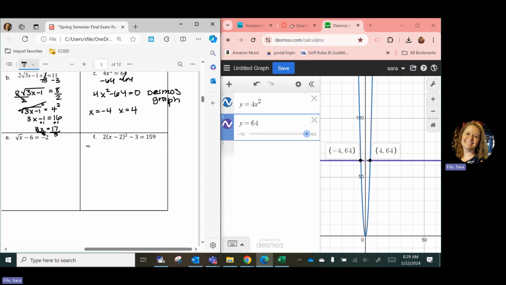Okay, here we go. In Desmos, instead of setting equal to 0, you can do y equals the left and y equals the right, and find the intersection.